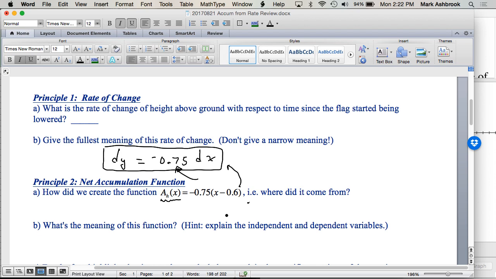That's our x minus 0.6. We wanted to know the corresponding change in height, and that was the dependent variable. So dy is the dependent variable of this function. And since we wanted to know the change in height, we took final time minus initial time to get our change in time, dx.